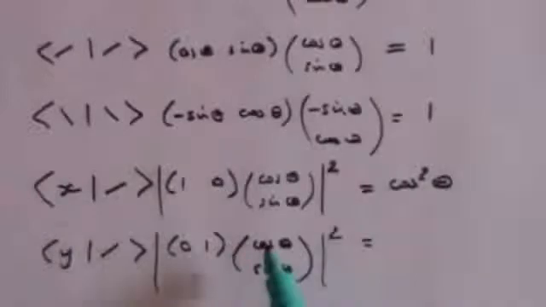Now you've got 0 times cosine theta plus 1 times sine theta, so that's just sine theta, square it, sine squared theta. That exactly accords with what we would have expected from the probability amplitudes. The probability amplitude for going through x is cos theta, so the probability is the square of that. The probability amplitude of going through the y or vertical polarizer is sine theta, so the probability is the square of that. So far, it's all working.